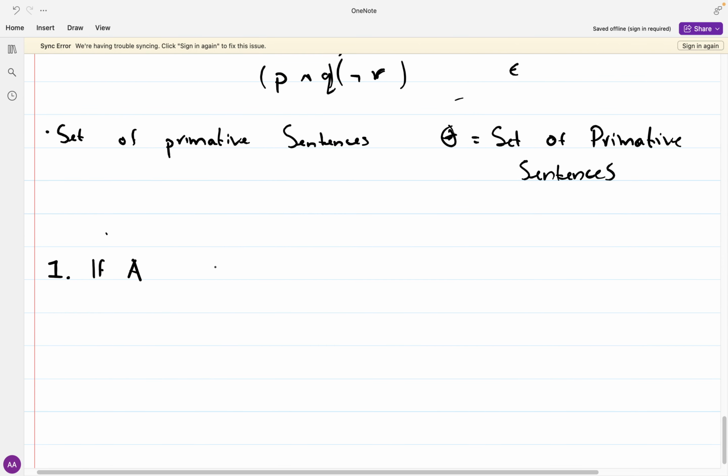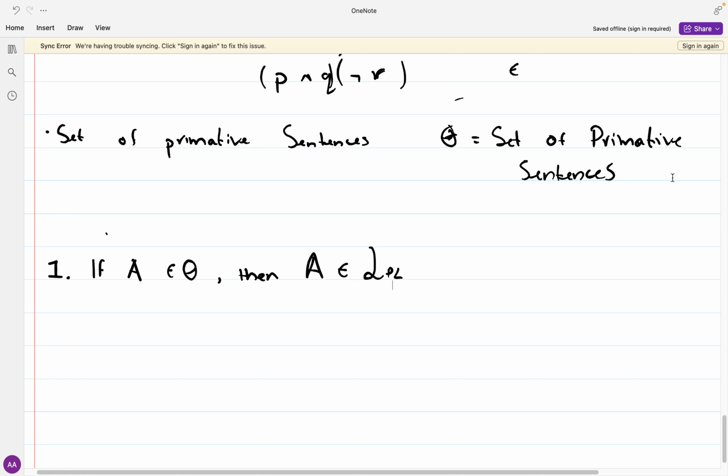So if we were to say that this random sentence A is a member of the class of primitive sentences, then at the same time, A will be a member of the language of propositional logic. This is the first rule that we use to define what is and what isn't in the language of propositional logic. What this does is just define that a sentence can be a part of propositional logic if it is a member of the primitive sentence set, the set of sentences that are primitive. That is the first rule.